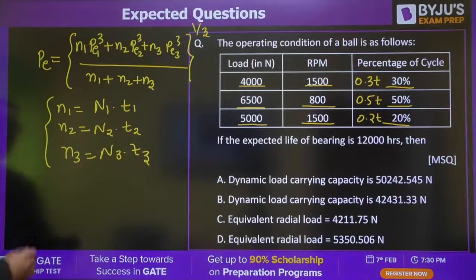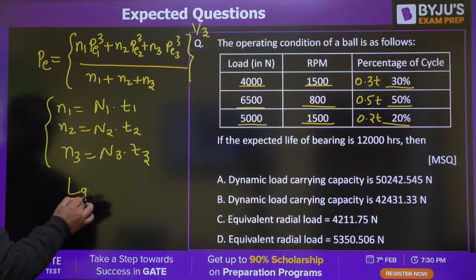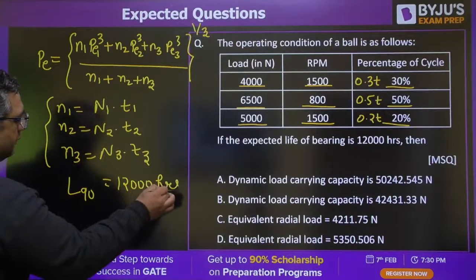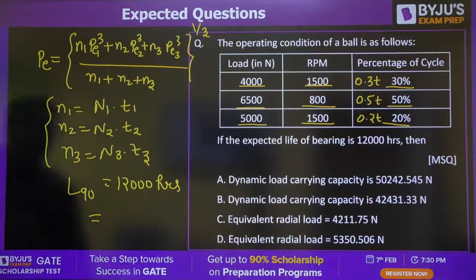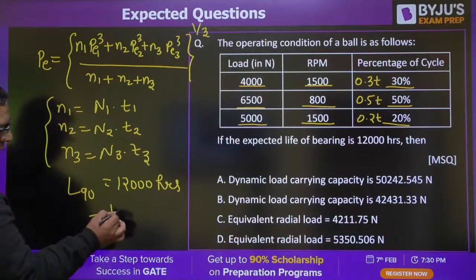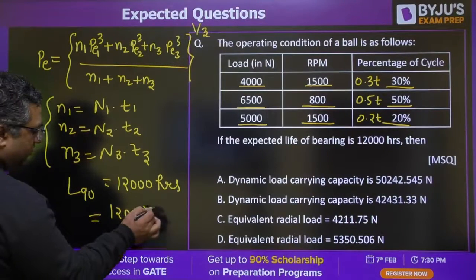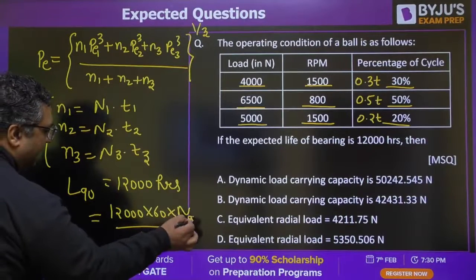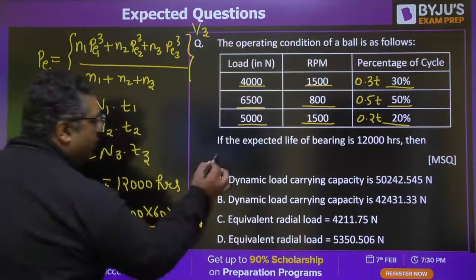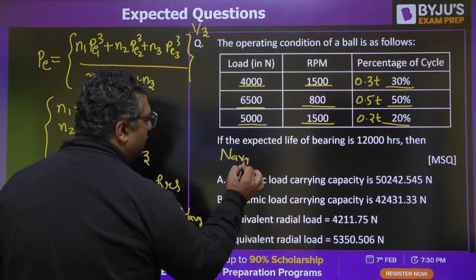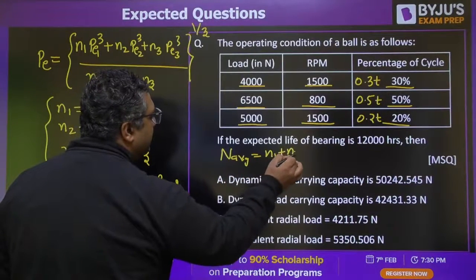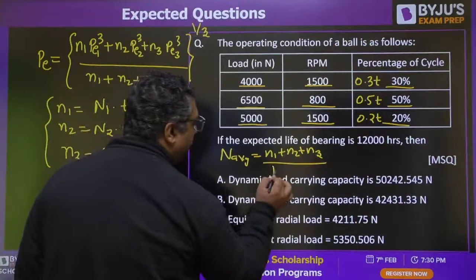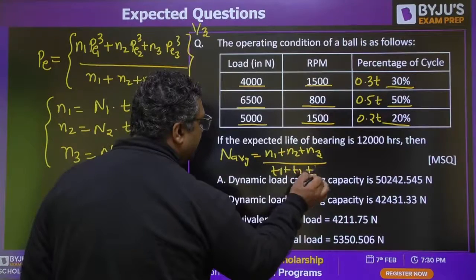Expected life is already given, 12,000 hours. To convert that into revolutions, 12,000 into 60 into n by 10 to the power 6. Here n will be n average. What will be n average? N1 plus N2 plus N3 divided by T1 plus T2 plus T3.